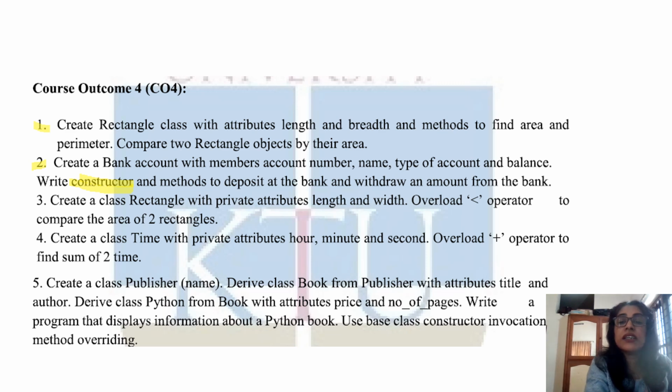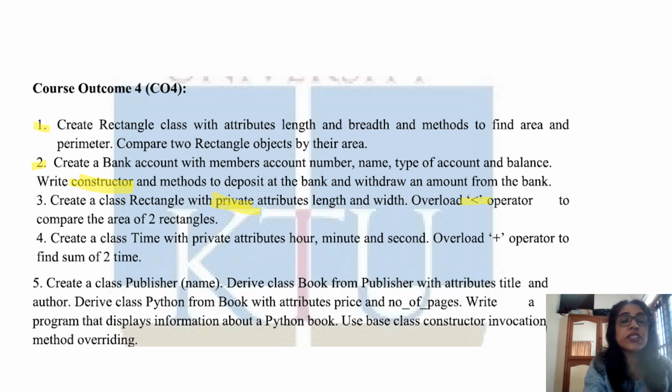And question number 3 discusses one important concept called operator overloading. The question is to overload the less than operator for comparing two rectangle areas. Moreover, one more concept is discussed in this, that is the private attribute concept.